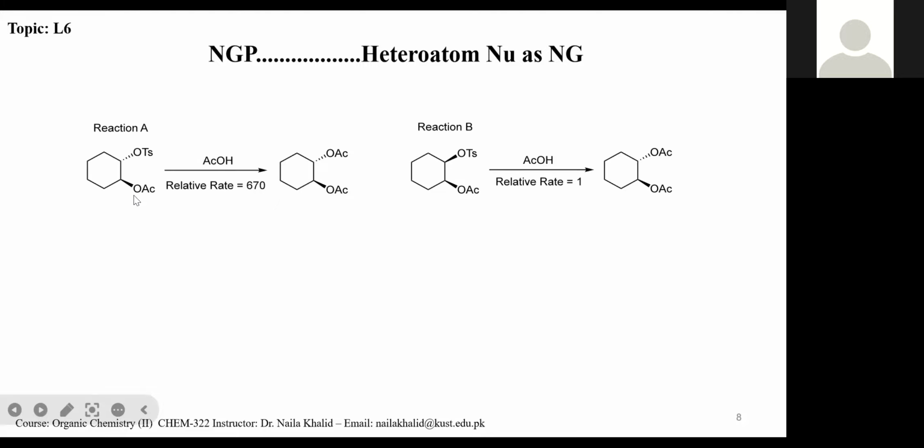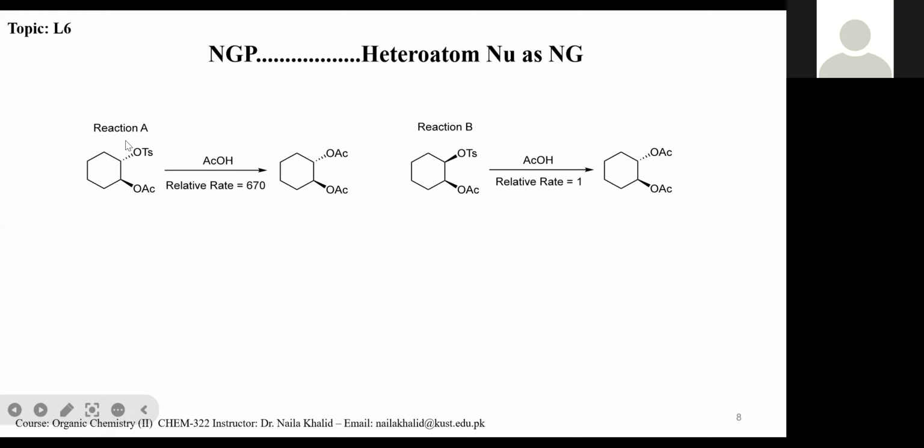It contains oxygen. This also contains an electron pair. Here is the tosylate group, the toluene sulfonyl group. So both are in such a position that they are opposite to each other. So you can see the stereochemistry. This electron pair will attack over here and this will leave the surface.